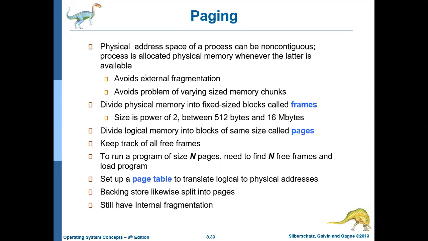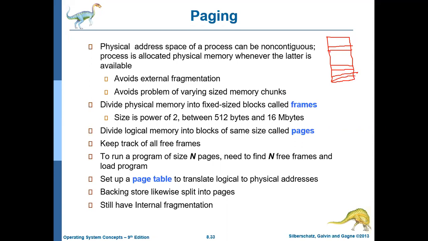Physical address space of a process can be non-contiguous. Physical address can be non-contiguous means, if this is your physical address space, your RAM, and you require some 5 kilobytes of memory, then 2 kilobytes you are giving here, 1 kilobyte you are giving here, again 2 kilobytes you are giving here.